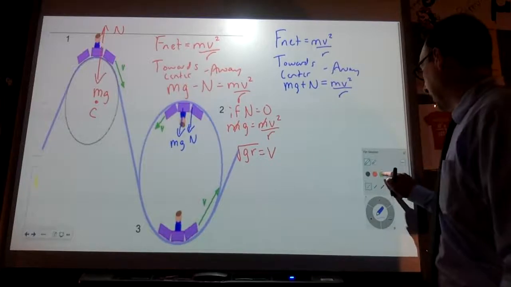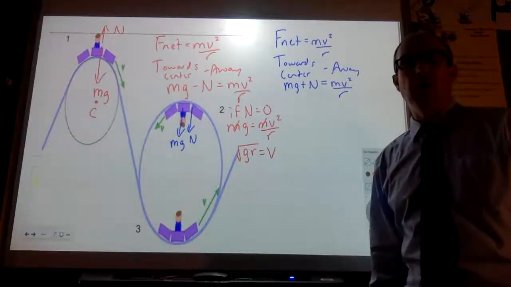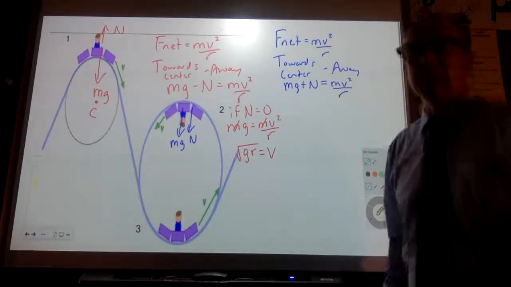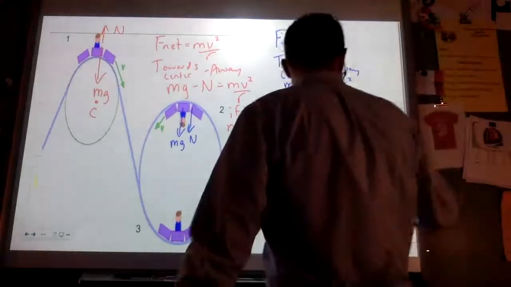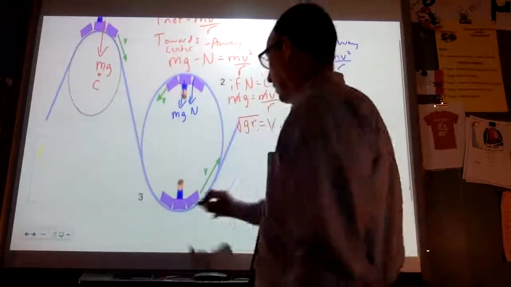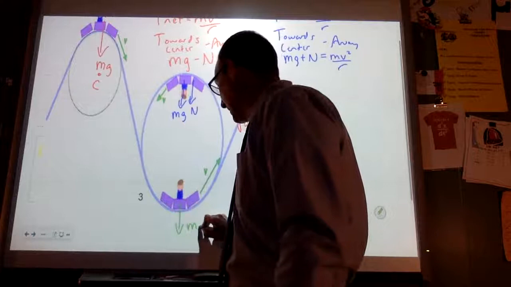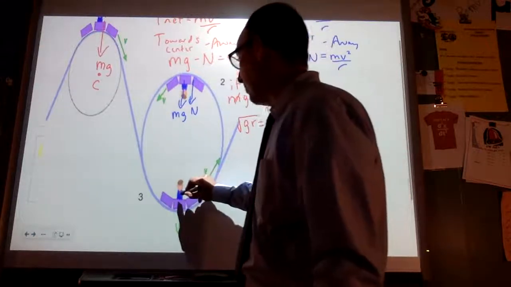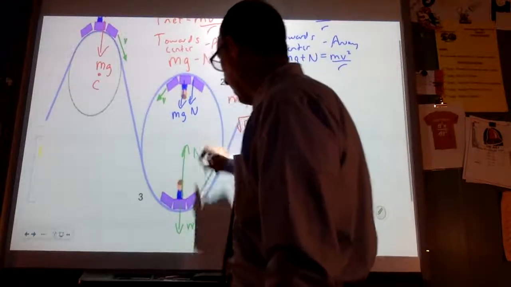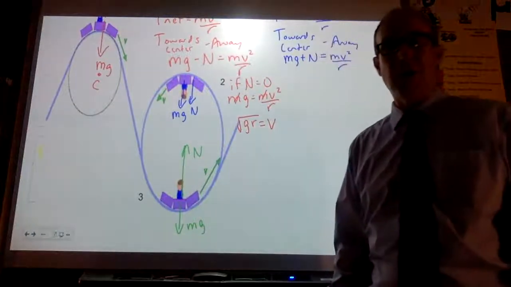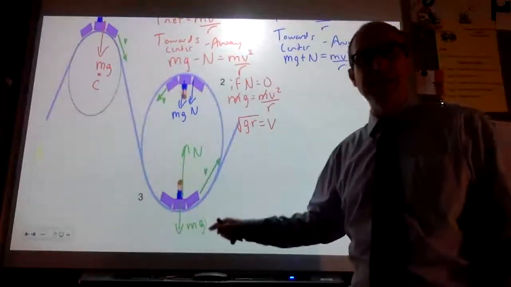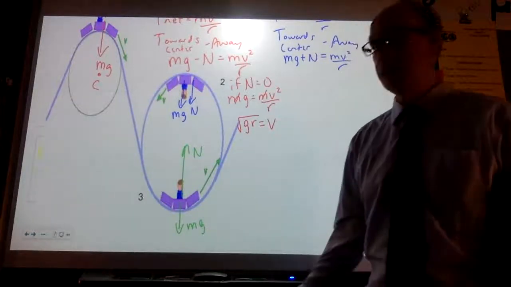On to case number 3. Now I'm at the bottom of the hill where I feel like I'm being pushed down. mg is now still going down, but my n has to be longer because the n has to balance the mg and turn it.